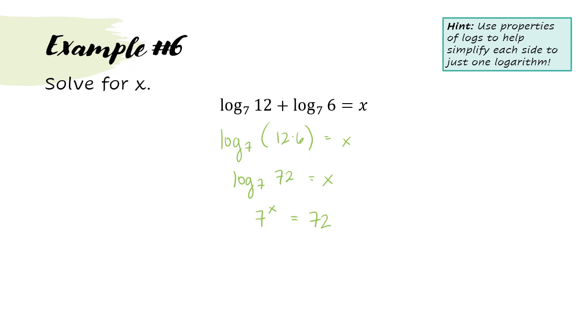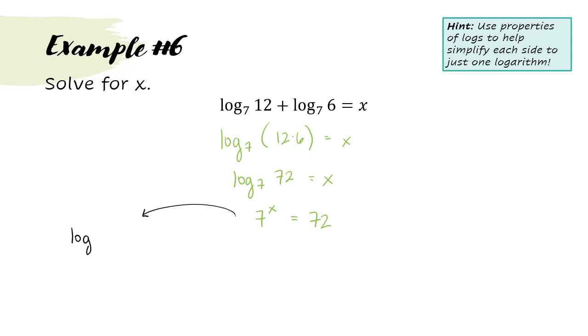So I certainly have trouble thinking of some x that we can raise 7 to get to 72. I don't think that works out well in my brain. So I would certainly plug this into my calculator. Remember, on the calculator, assuming you're using a TI 84 or 89, we would type log.